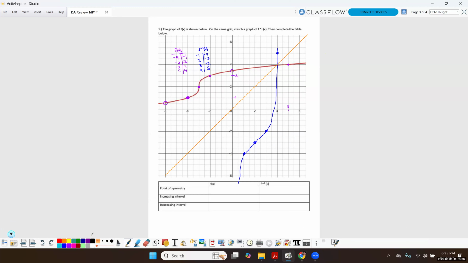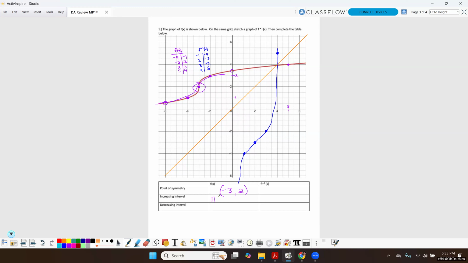All right, so now I'm being asked for some properties. The first thing I'm being asked for is the point of symmetry. I'm going to leave it zoomed out like this. Sorry if it's a little small, but I really want to see the whole graph. For f of x, the point of symmetry is here at -3, 2. The increasing interval, when I look at this, the whole graph does appear to be increasing.